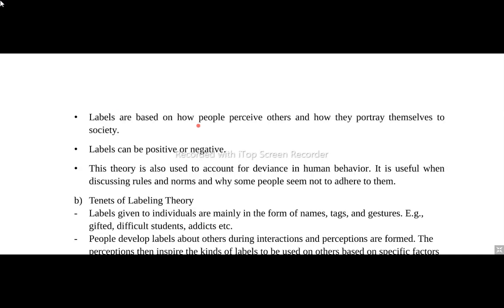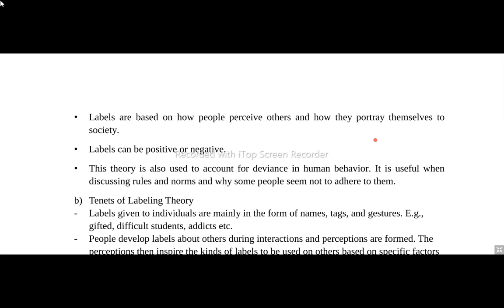Labels are based on how people perceive others and how they portray themselves to society. So you'll give a person a label according to how you see that person.